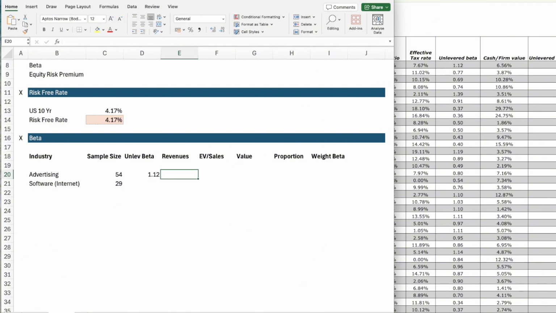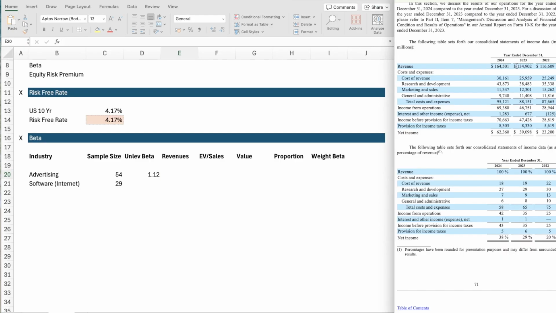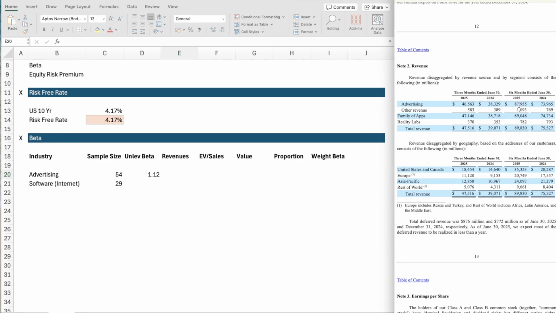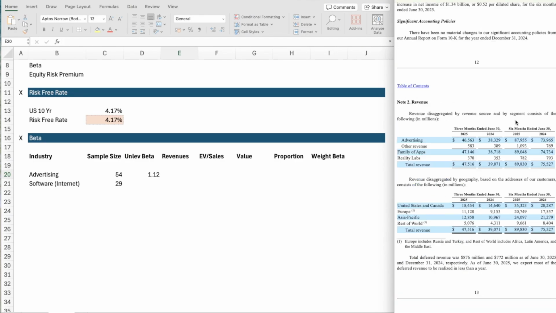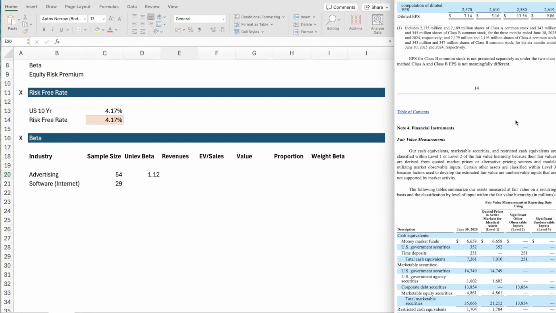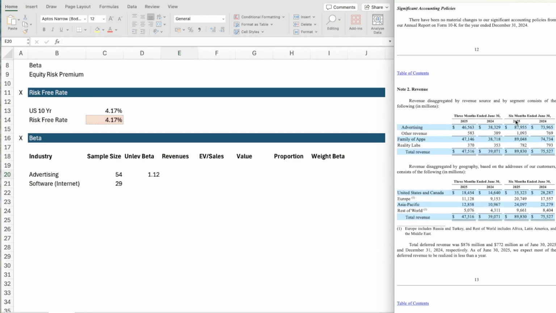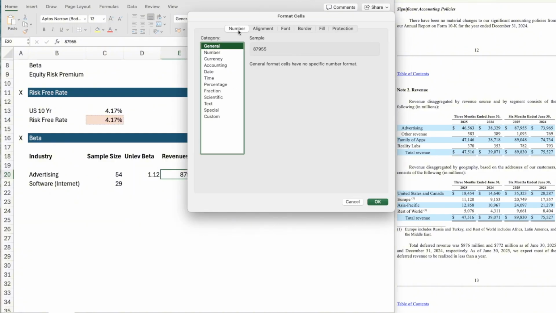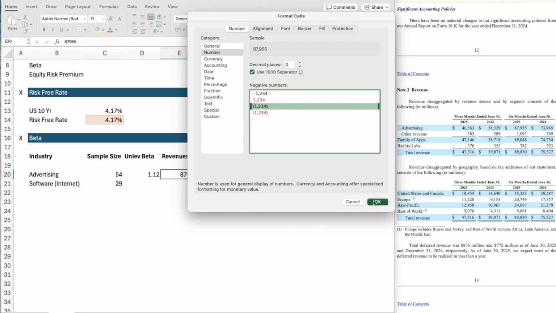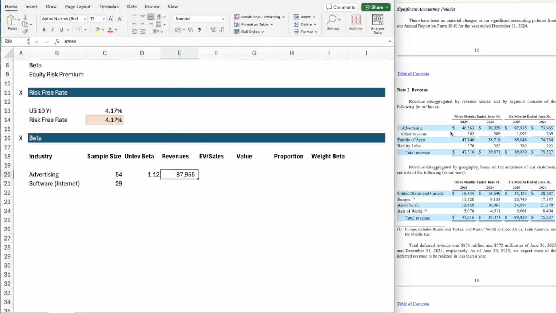And the revenues for this, we saw it as... wrong page, 8904. Okay, 870. What would we say that is? So 87955 is for advertising.